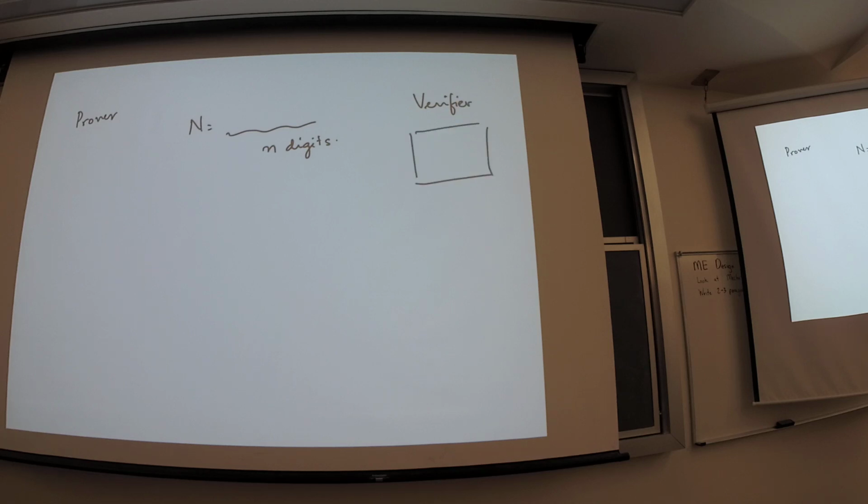The verifier is some algorithm that takes as input n and some witness W, and it's supposed to say yes if the number is prime, and no if it's composite. So what should the W be, and what should this verifier be, so that both those properties work? It turns out that this is a tricky question to solve.